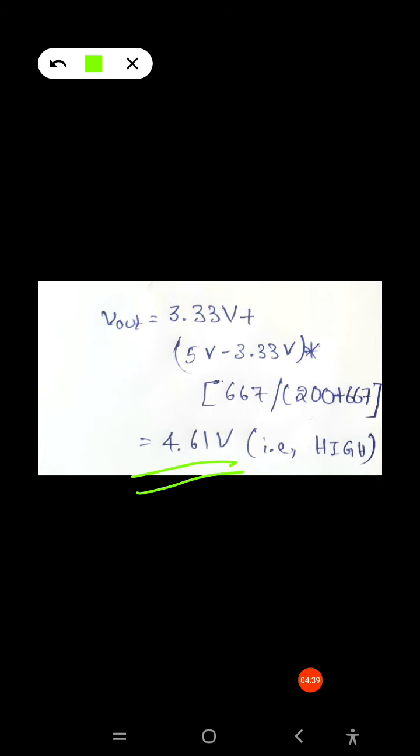Ideally it is 0 volts and 5 volts, but practically we do not get exactly these values; they may vary. This is the practical situation because of resistive loads: a device which requires a large current to operate, if connected to the output of a CMOS device, is known as a resistive load.